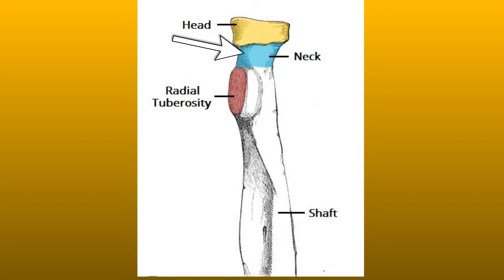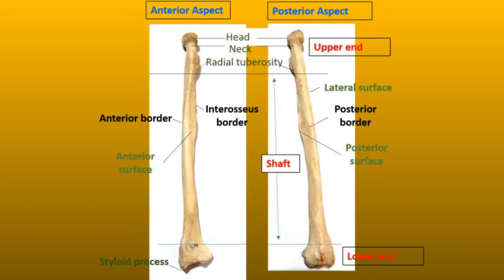The head and neck are free from capsular attachment and can rotate freely within the socket. Next is the radial tuberosity, present towards the medial side. It lies just below the medial part of the neck, and it has a rough posterior part and a smooth anterior part.